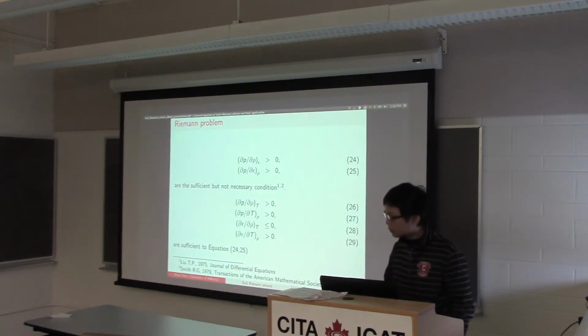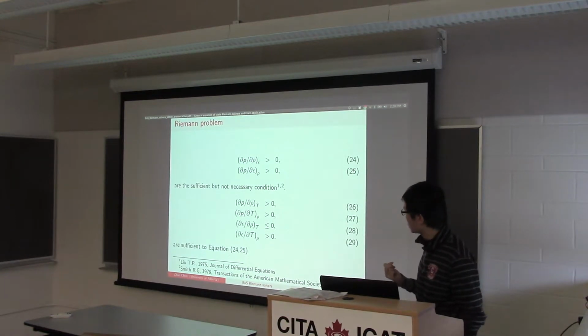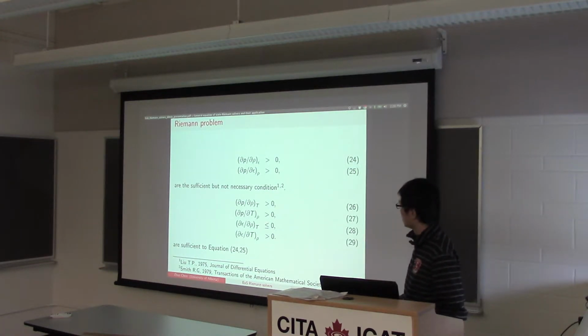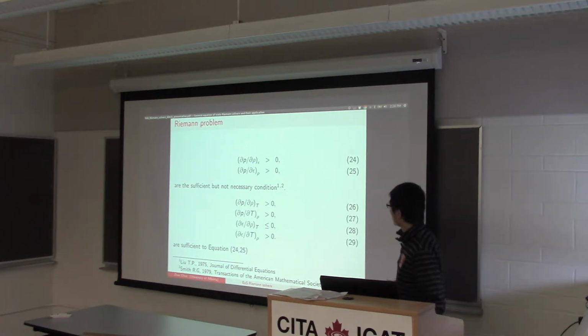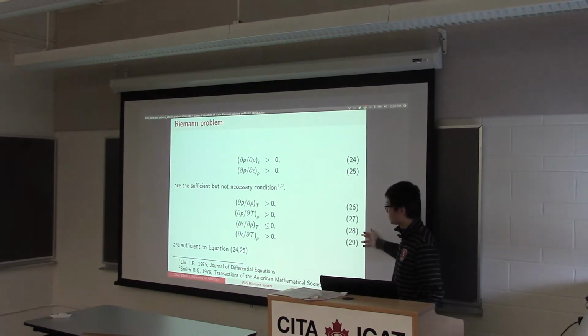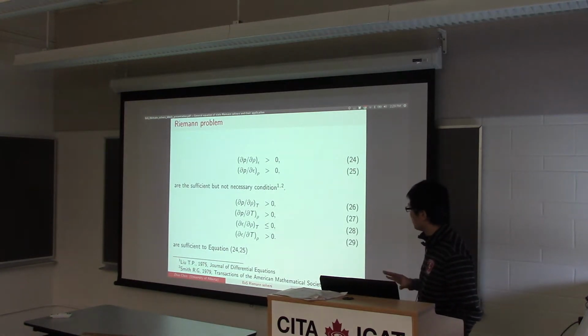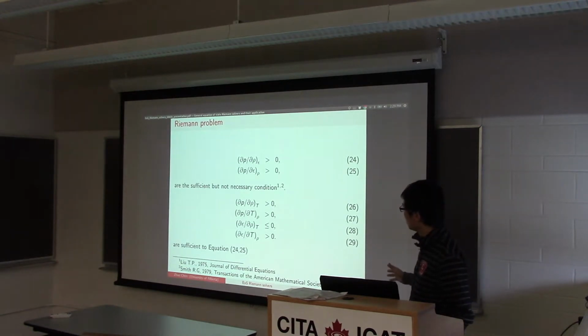The only requirement for the equation of state is 24 and 25. They are proven in a mathematical journal, and I showed that if your pressure satisfies this 26 to 27 relation, and your specific internal energy satisfies 28 to 29, then the Riemann solver also holds.